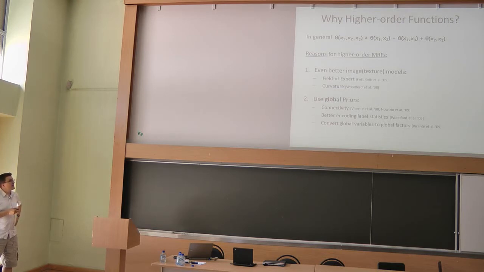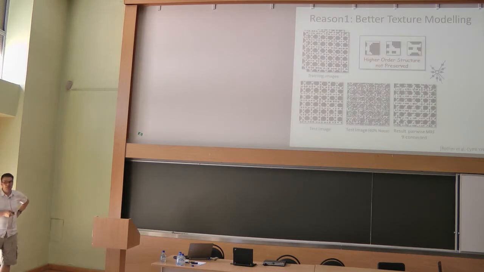One is that we get even better image or texture models, like a field of experts, or curvature we can model. Then we can have global priors which really act on the whole image, like connectivity or better encoding of label statistics, or converting global variables to global factors, which is also quite interesting. So let's just look briefly at some of them.